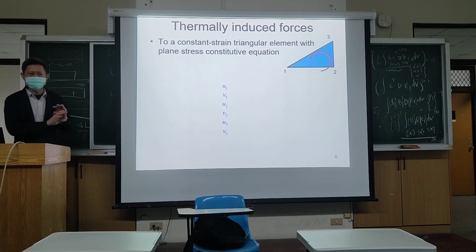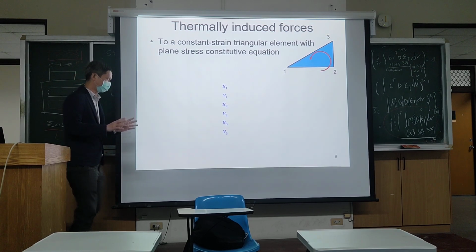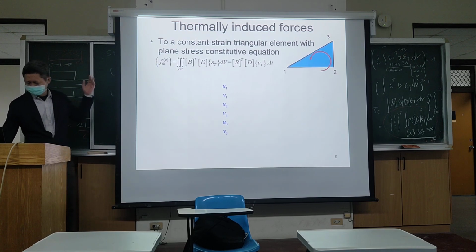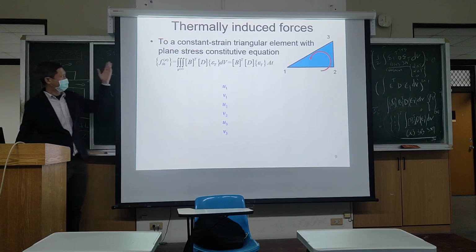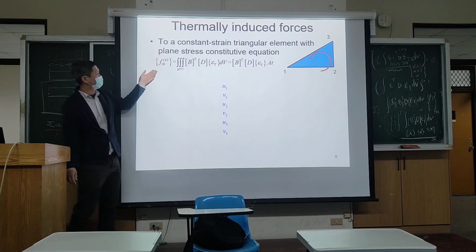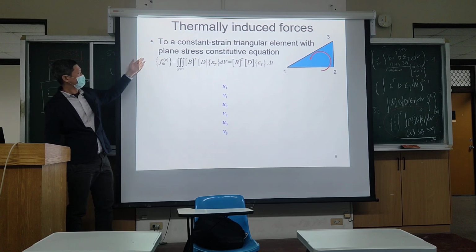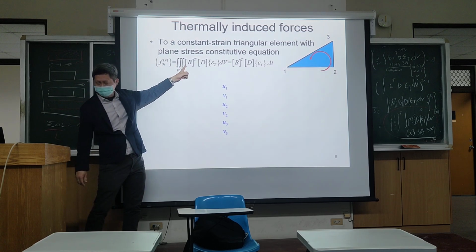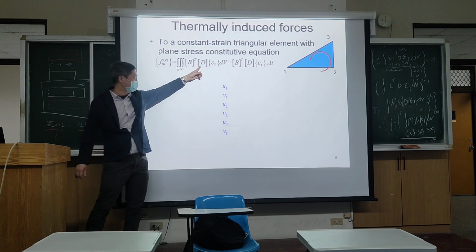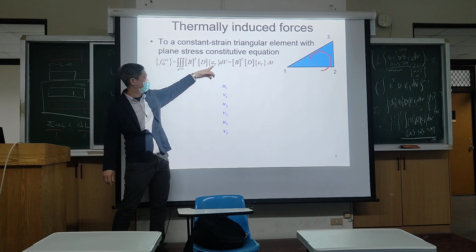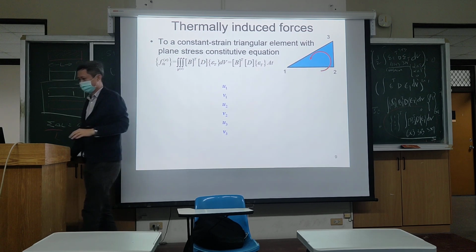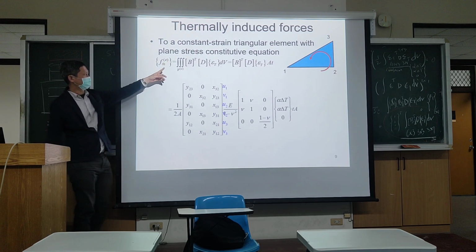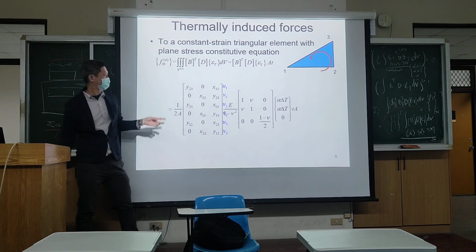Okay, so now we come to the actual working. Okay, previously it was all symbolic in the shorthand. Now let's express the thermally induced force in full. Okay. This thermally induced force is your B matrix transpose times your D matrix times epsilon T vector. Okay? So what is a B matrix transpose?